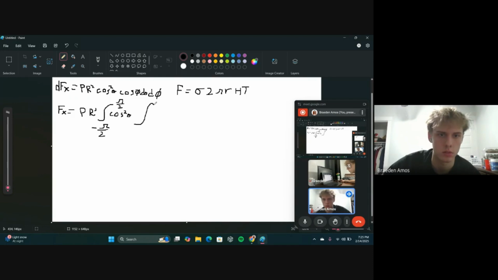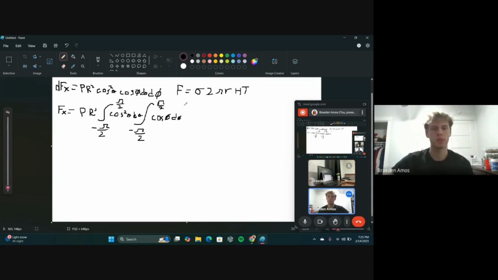This other integral, same limits, negative pi over 2 to pi over 2. Forgot d theta. This is cosine of phi times d phi.